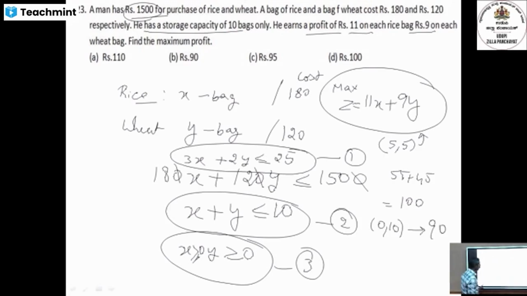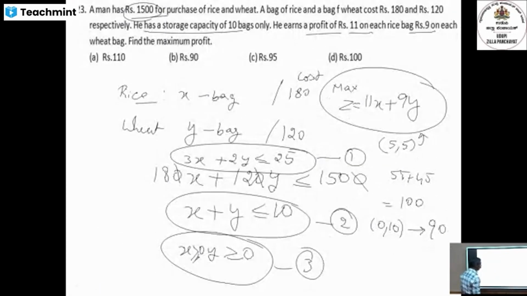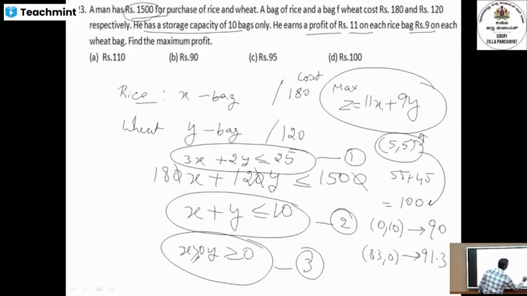Then another one was (8.3, 0), which gives you about 91.3. So (5, 5) gives you 100. So what is the maximum profit here? The value will be 100. That is option D.